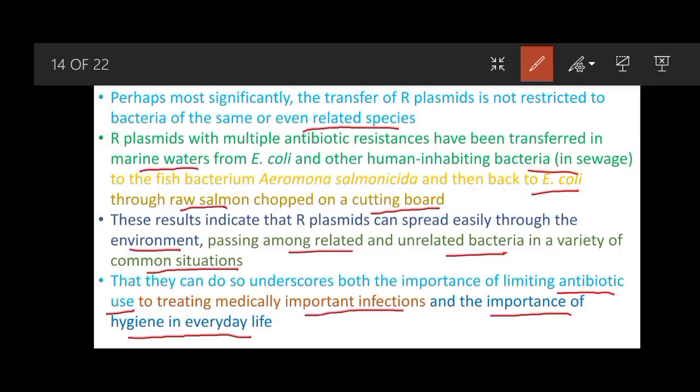In this way multiple resistances can be present in different bacteria, and that can be very difficult to treat if this practice continues. As we already know, multiple resistances have been developed in Mycobacterium tuberculosis, and there are several other species. For example, Salmonella typhi is also multi-drug resistant.